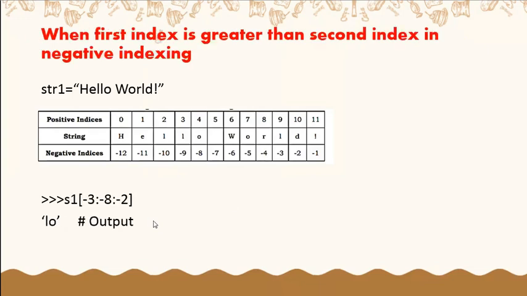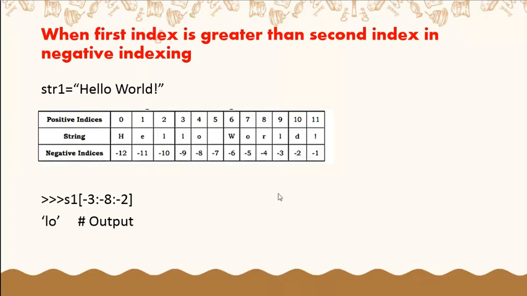Now see when the first index number is greater than the second index number in negative indexing. Here I have given minus 3, minus 8 and minus 2. This time step value is minus 2. Now it is showing LO. That means it will start extracting the characters from minus 3 index number till minus 8. But between these index numbers, the step value is minus 2.